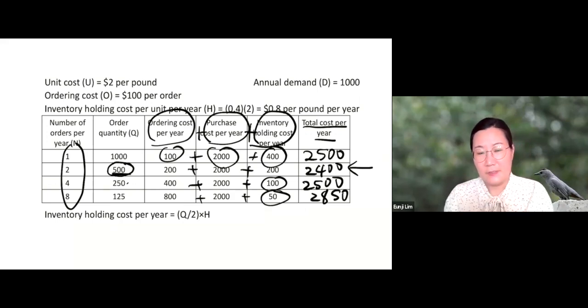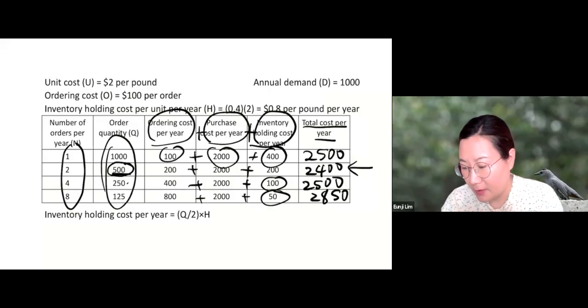Now, in this case, we only picked four possible scenarios, and we computed the total cost for each scenario. But would you just look at only four possible scenarios and pick whichever produces the best results? No, there are other options, right? The order quantity can take any value.